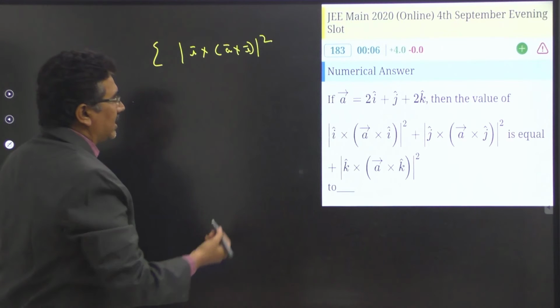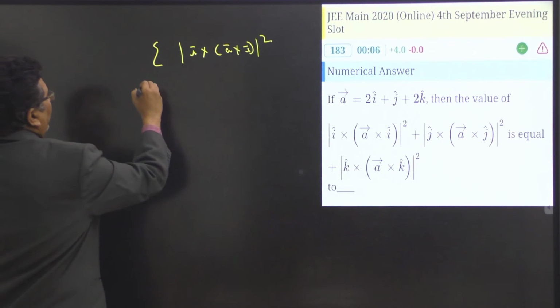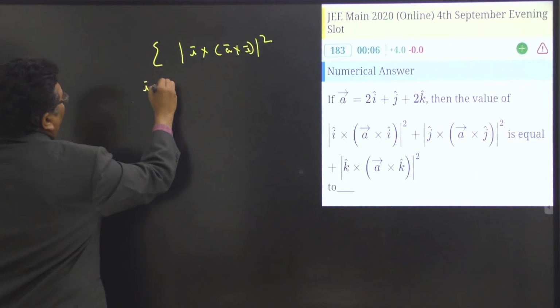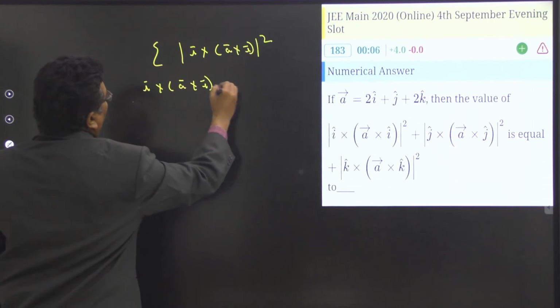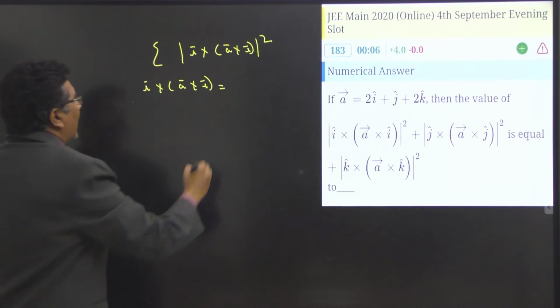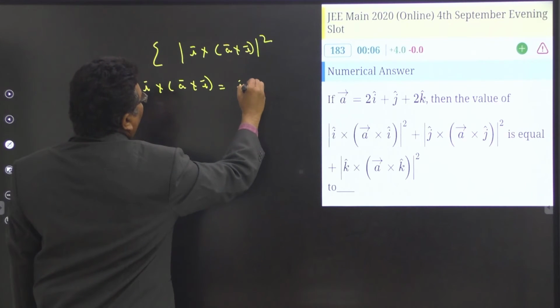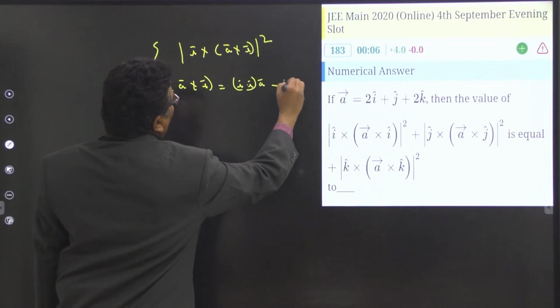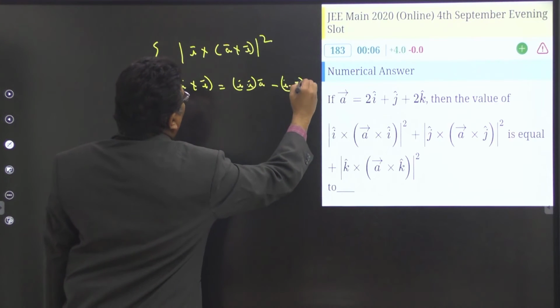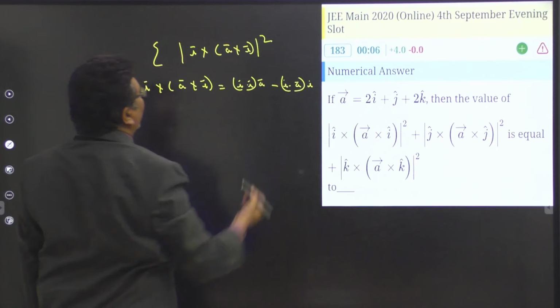Now let us see the definition of vector triple product. I bar cross (A bar cross I bar) is equal to (I bar dot I bar) times A bar minus (I bar dot A bar) times I bar.